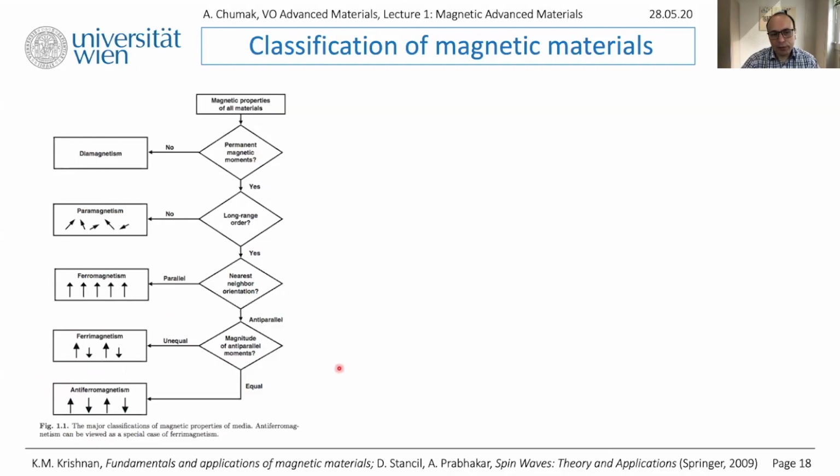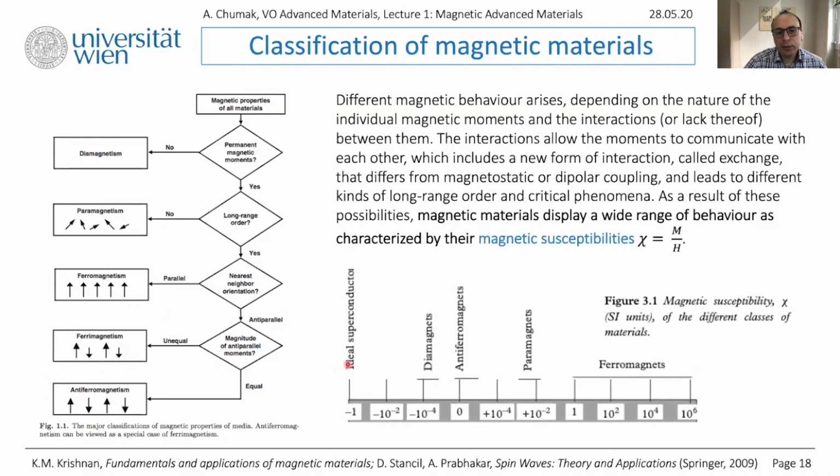Good, so this is the overview of the materials, and now I also would like to show you this picture from Krishnan. If you want to find out what kind of magnetic material you have, first of all, you need to ask what its magnetic susceptibility is. It gives you information about the response of your body, meaning the magnetic moment which it will have when you apply some magnetic field H. On the left side, we are dealing with an ideal superconductor.